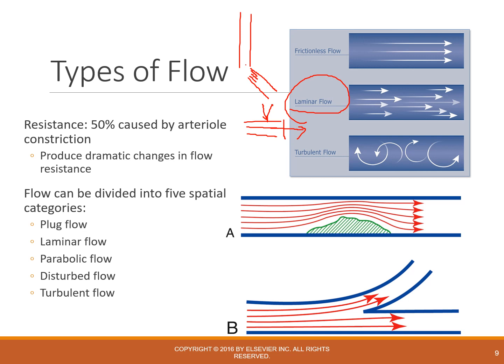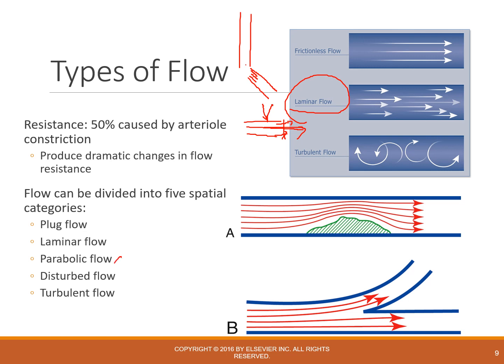And so in this case, we are going to call this parabolic flow. It's still laminar. They're all sliding together in parallel lines, but now instead of having them all move at exactly the same speed, we're going to have increased velocity in the center with a little decreased velocity in the periphery because of that friction. And again, that is called our parabolic flow.